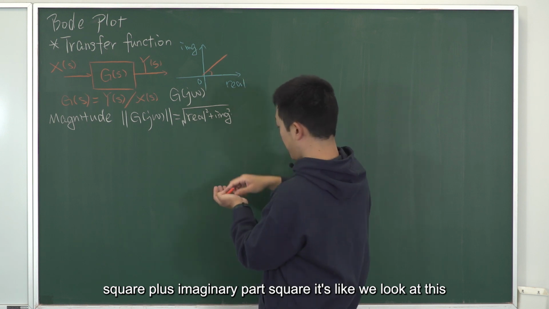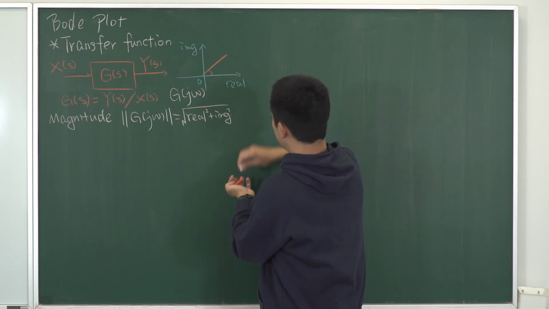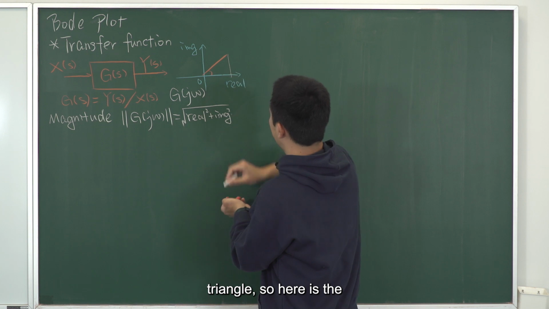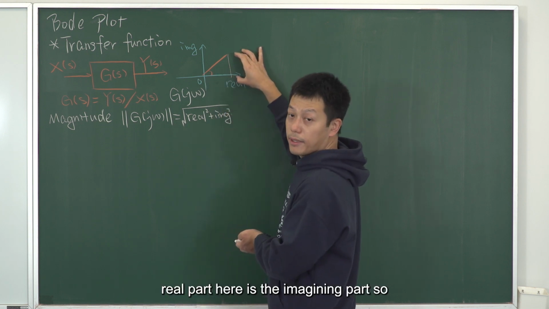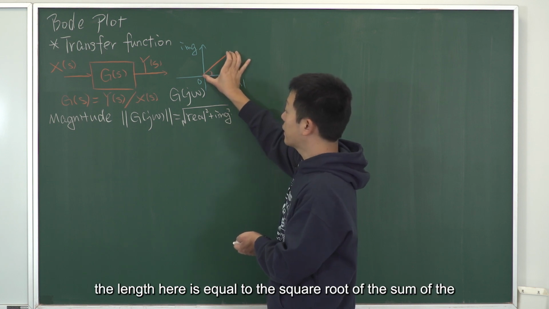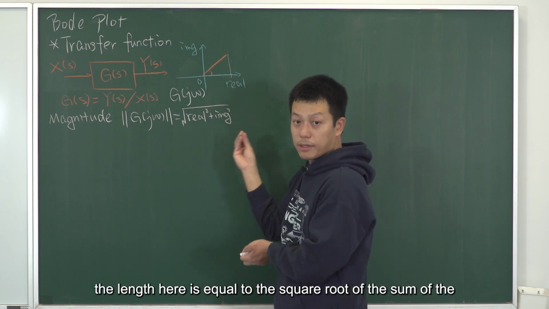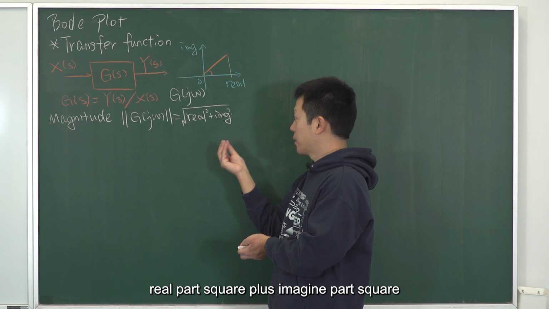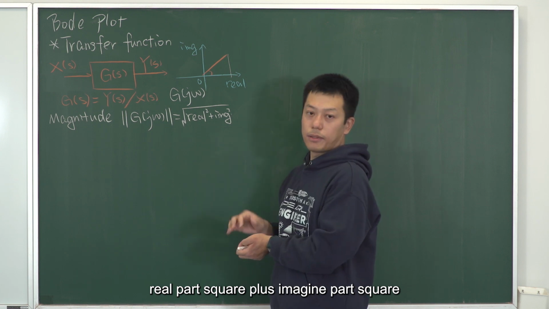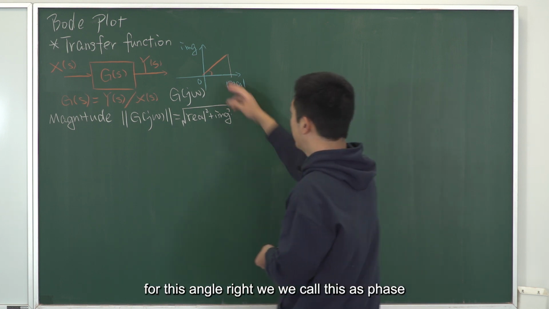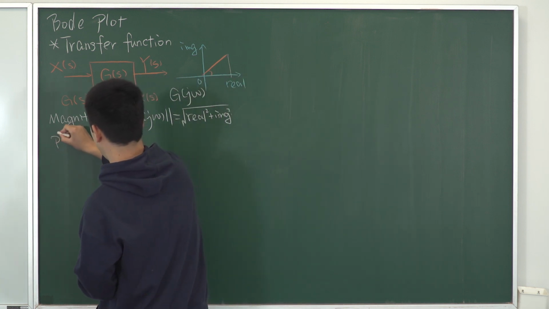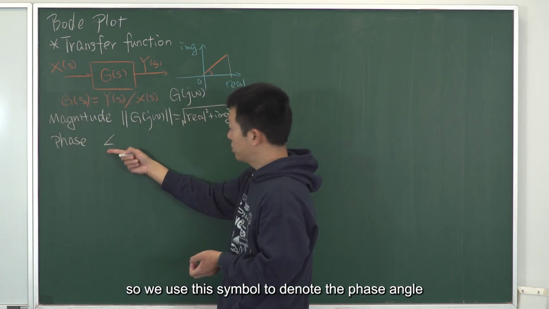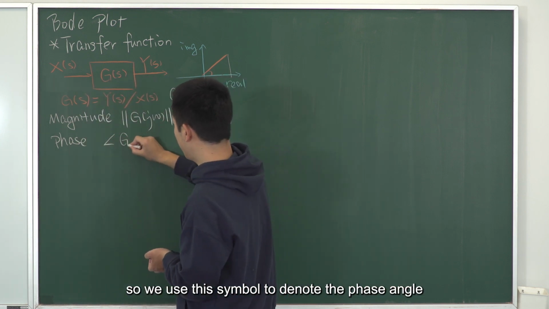It's like we look at this triangle. Here is the real part, here is the imaginary part. So the length here equals the square root of the real part squared plus the imaginary part squared. And for this angle, we call this the phase. We use this symbol to denote the phase angle.